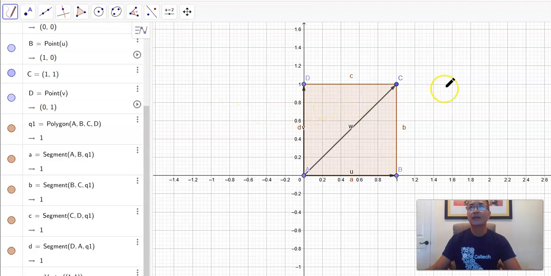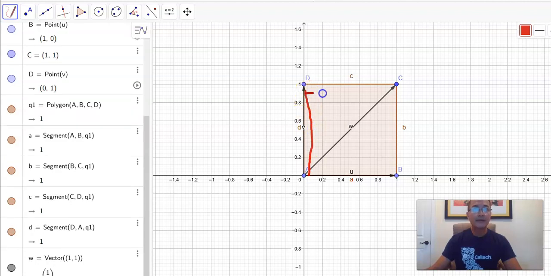I'm going to take a pen, and I'm going to use, of course, my favorite color, which is red. And I'm going to draw very badly the letter R inside this basic box.